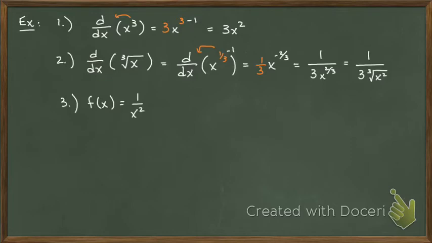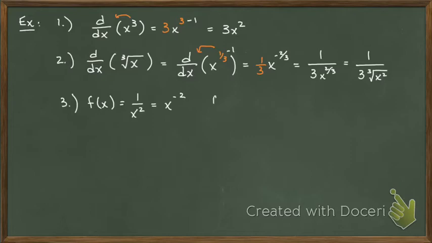Let's do another. If I have a function, f of x equals 1 over x squared, and I want the derivative, I need to write that with just one exponent, x to the power, and that power is going to be minus 2. So my derivative, I'm just using slightly different notation here. Instead of my d/dx notation, I'm using my function notation, f of x.